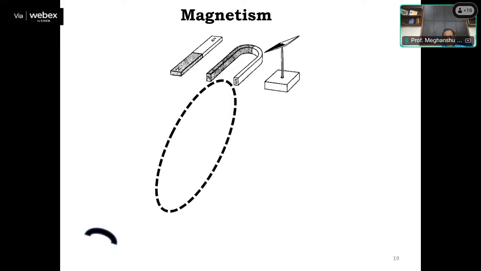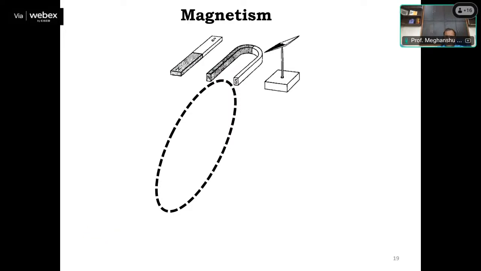Suppose this is the location of an iron piece. This iron piece is not going to be attracted if it is far away from the domain of the magnetic field, or far away from the boundary of the magnetic field.